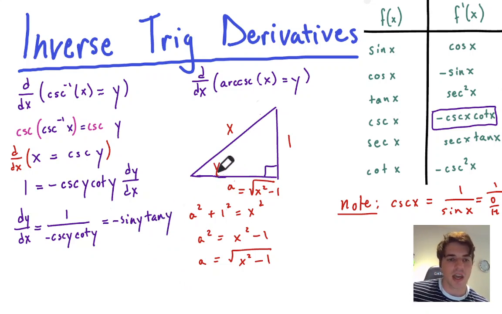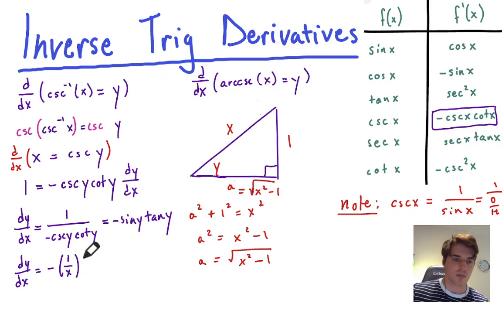And if we look at y, the sine would be 1 over x. So dy dx is equal to negative, first of all, we'll just do sine, negative 1 over x. And tangent of y is the opposite over adjacent, 1 over the square root of x squared minus 1.